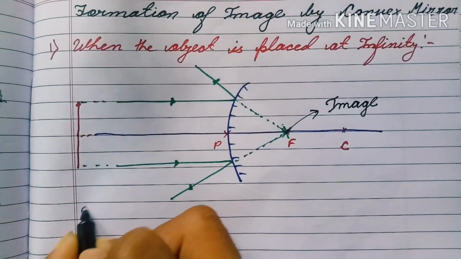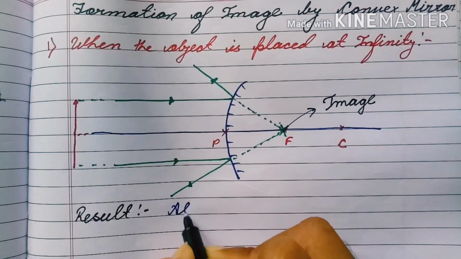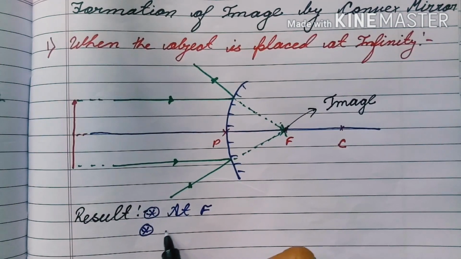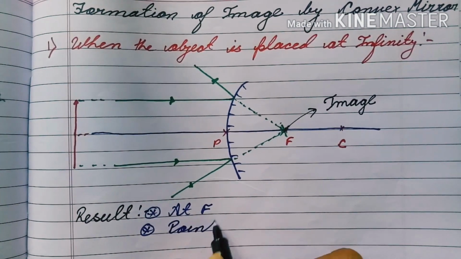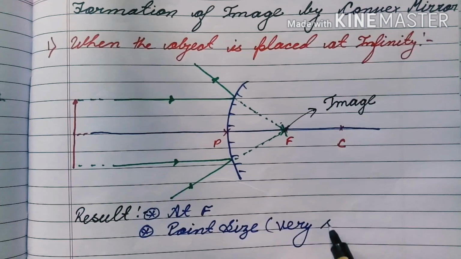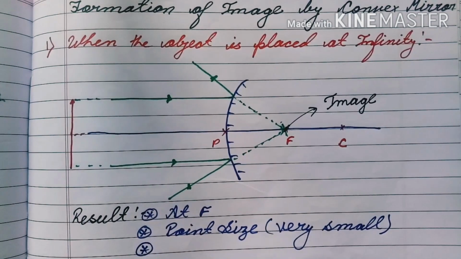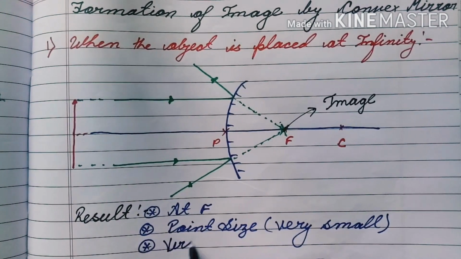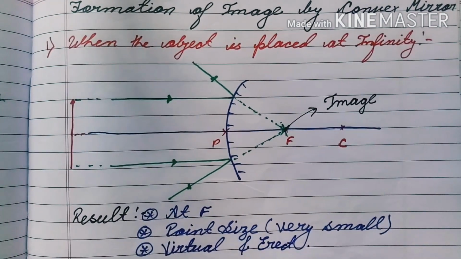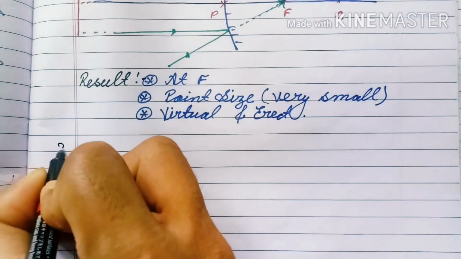So the result is: the image is formed at focus, it is point size, means very small, and the nature of the image is virtual and erect.